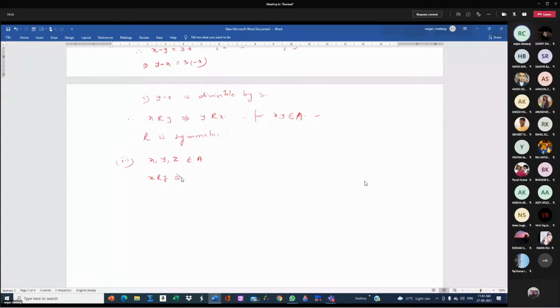This implies x minus y is equal to, suppose, 3s, and y is related to z. This implies y minus z is equal to 3t. Now x is R related to z. This implies what?